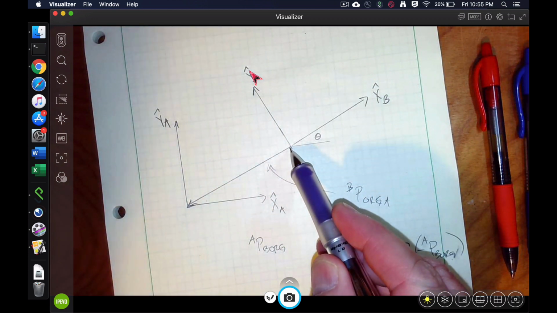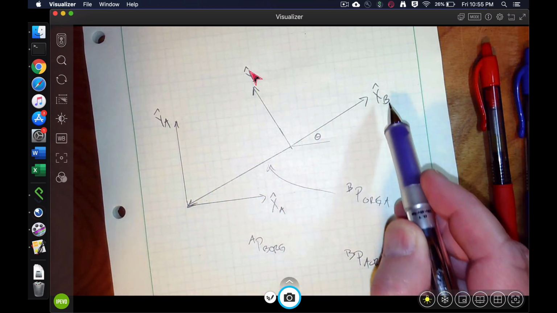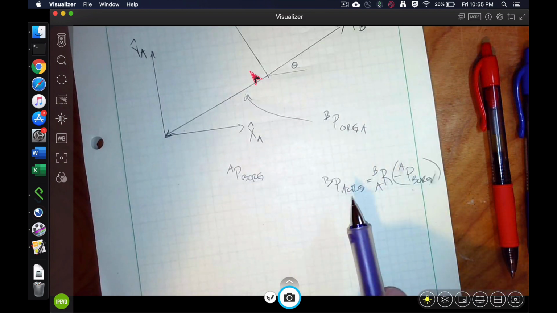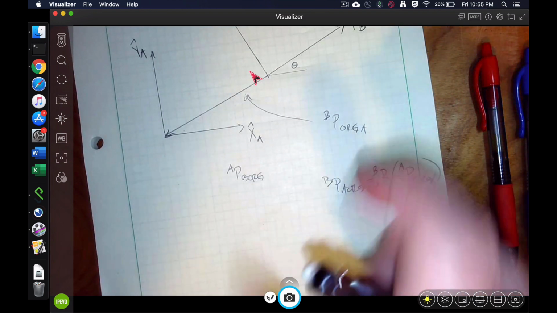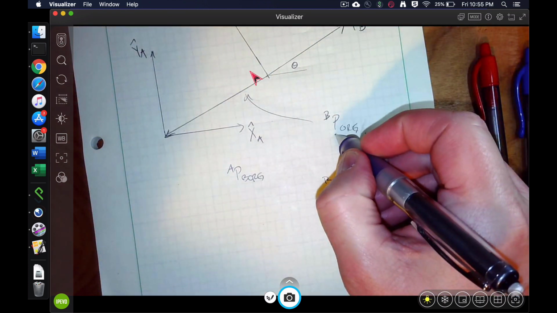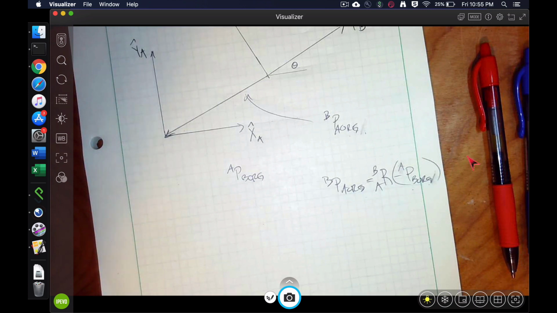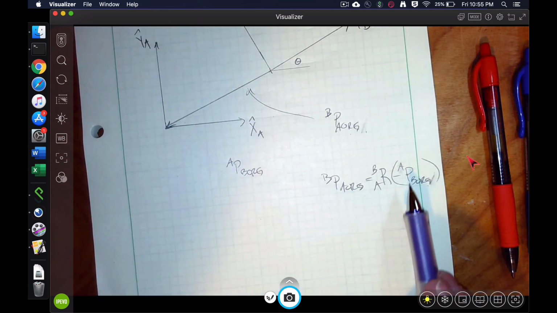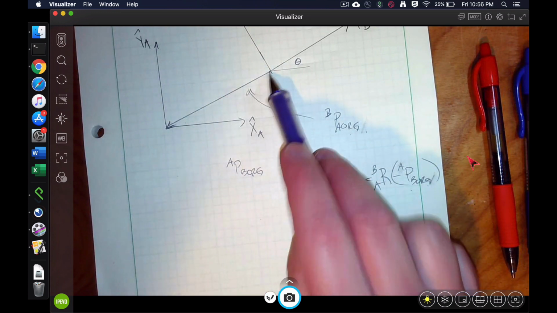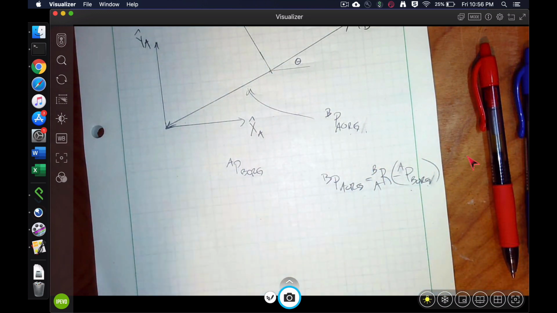And not only is this translation going in the opposite direction, but I need it expressed in frame B components instead of frame A components. I would call this vector PA org B, but again, it is not just the negative of PB org A, it's rotated into frame B components.